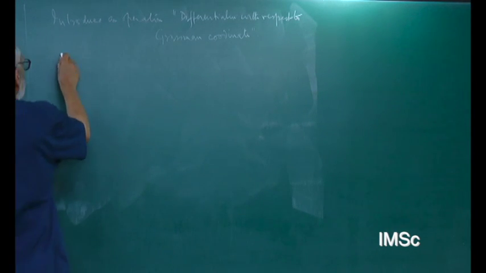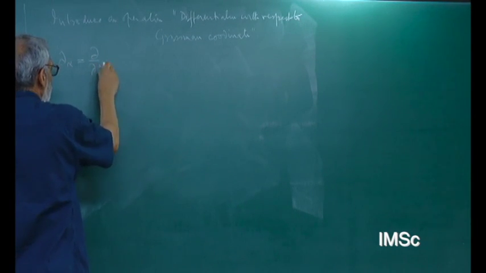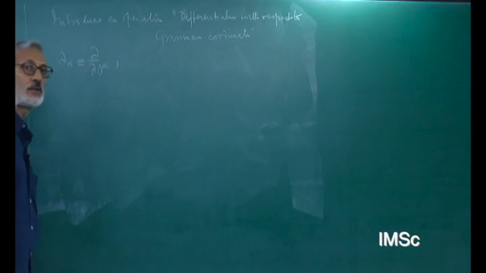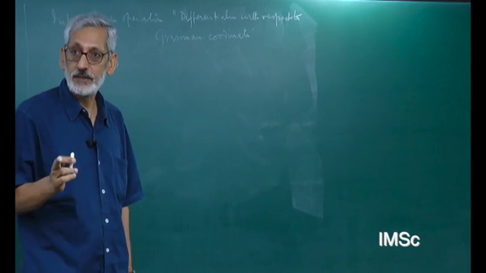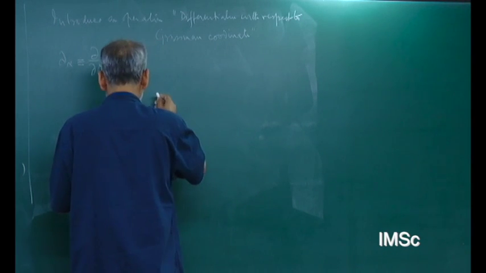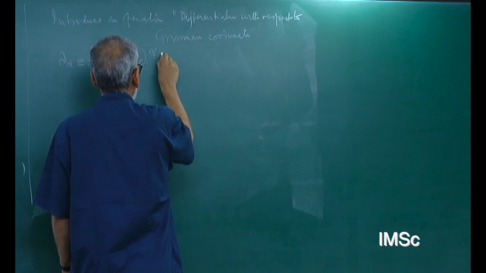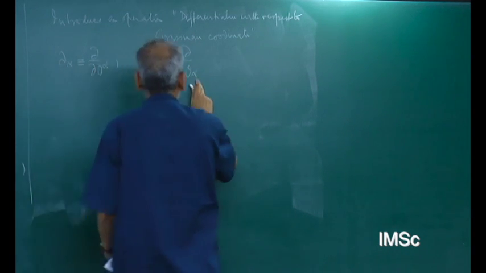And we give it a symbol, d alpha, or d by d theta alpha. These are symbols for this operation, which are like the symbols that we use for ordinary differentials of functions of real variables or complex variables. But they are not differentiations in that sense. And d alpha up is d by d theta alpha down.